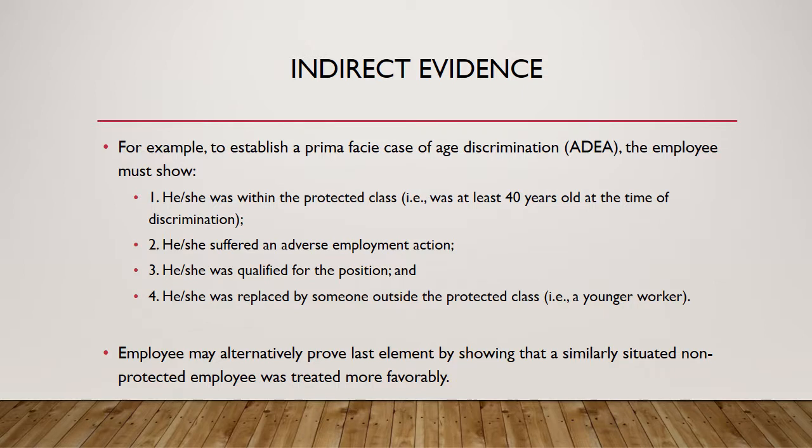So here, taking age, if you weren't replaced by somebody outside your age category, then the employee may be able to prove that last element by showing that a similarly situated, non-protected employee, someone who's comparable as far as job duties, job function, skill, disciplinary history, and who is a younger worker, was treated better than them.